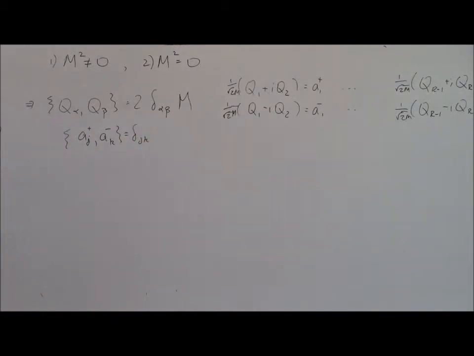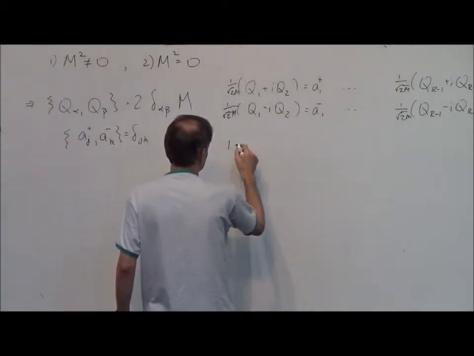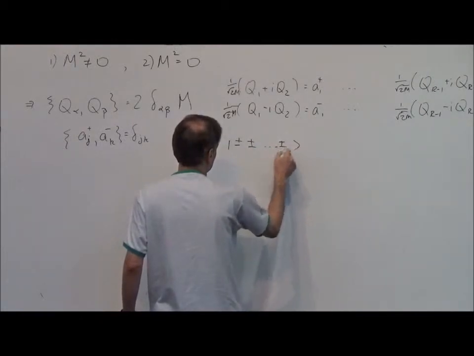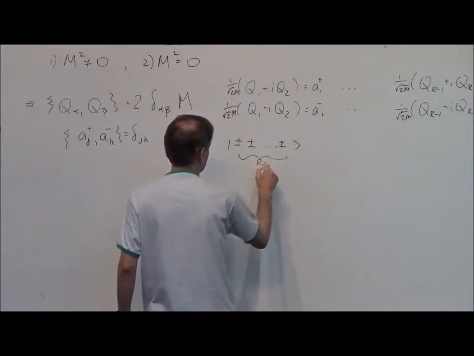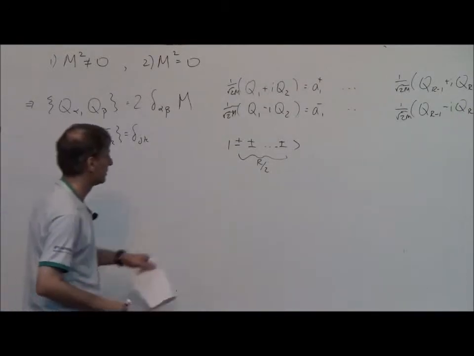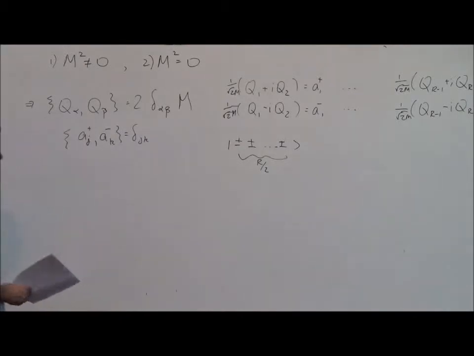Okay, so now we know what our states are. They're just the minus-plus states, R over 2 of these. The only question is if they're complex or real.